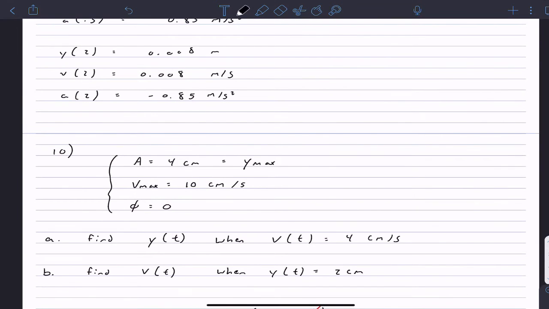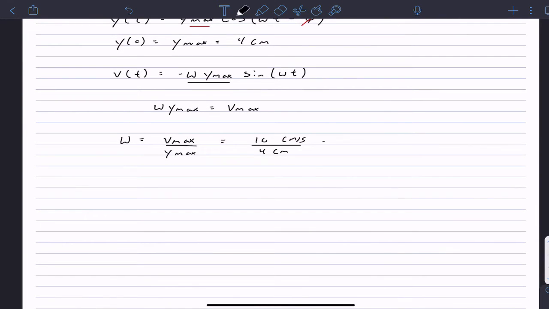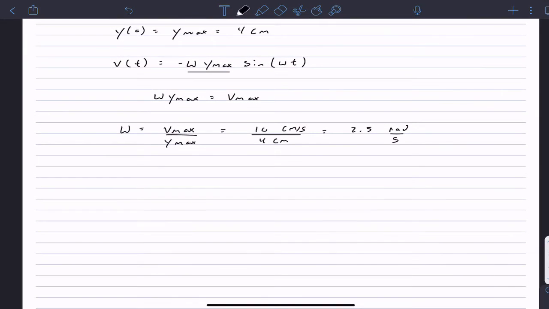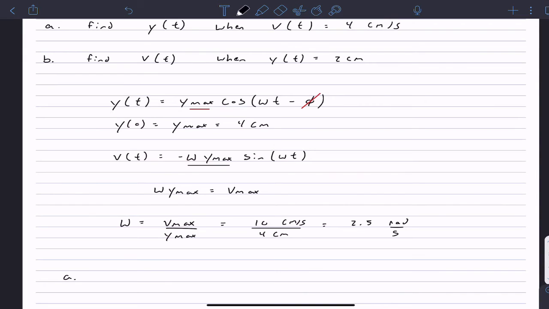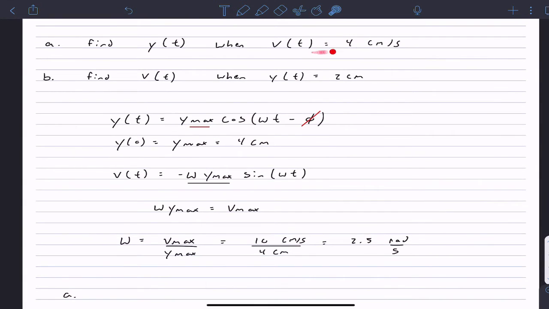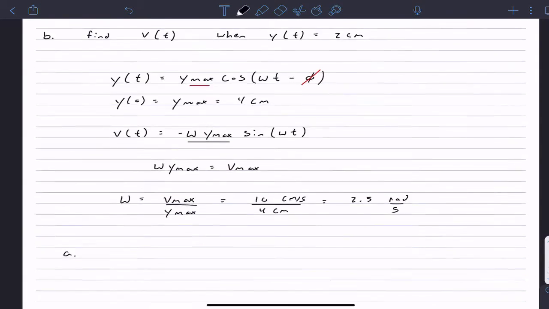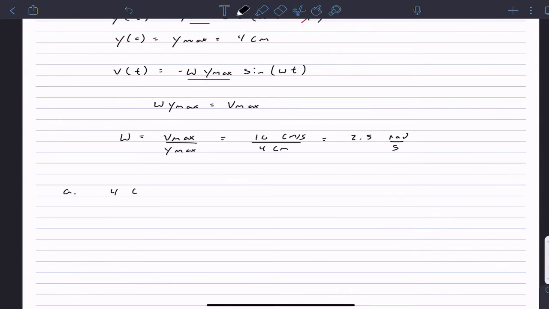That gives us a value of 2.5 radians per second. So that's another thing that we can use. Now that we have this information, we can plug it into a function. For part A, we're told that velocity is equal to 4 centimeters per second. Let's plug that in and see what that means for us.